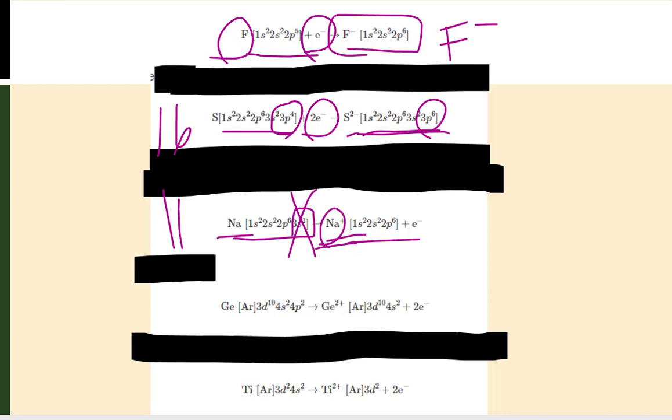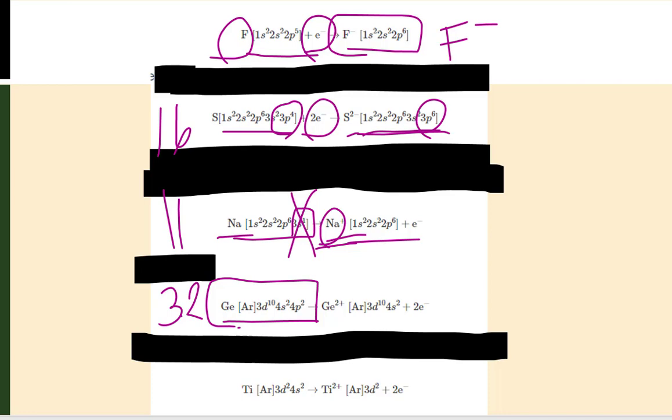How about Ge, germanium? It's atomic number 32, and it's in the 4th shell, in the P block. It's the second P. Here we go. So we can see that it's argon, and then in brackets, 3d10, 4s2, 4p2.